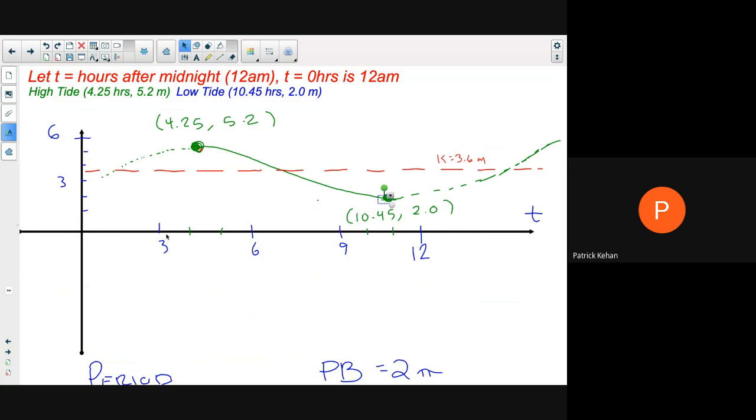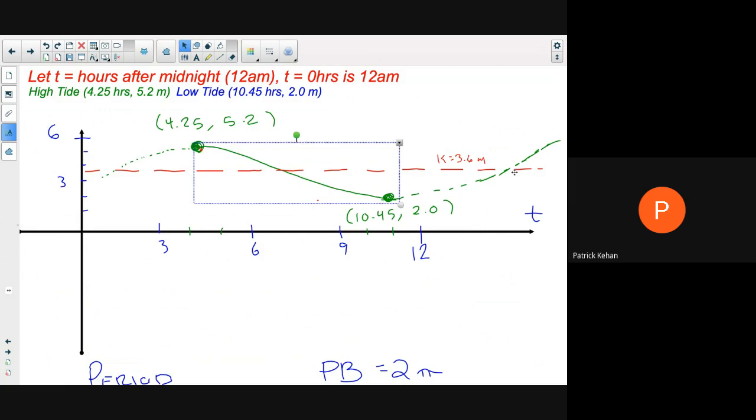So I chose every blue hash mark to be 3 units. So I went by threes here. I approximated 4.25, and then on my y-axis, I approximated 5.2 meters right here. Same with my low point. And the next thing I do is sketch this section of the wave in. Again, this is only one half of a period. And then at that point, I move to sketching what the rest of my wave would look like.